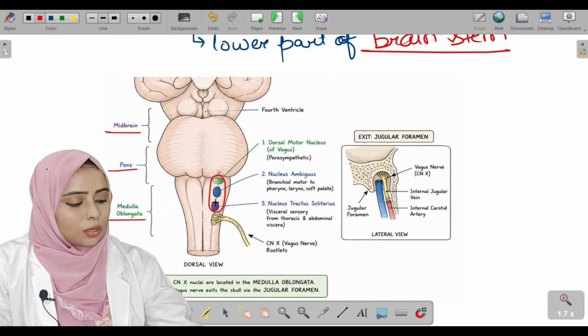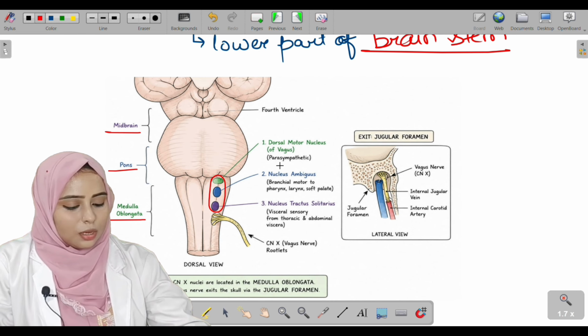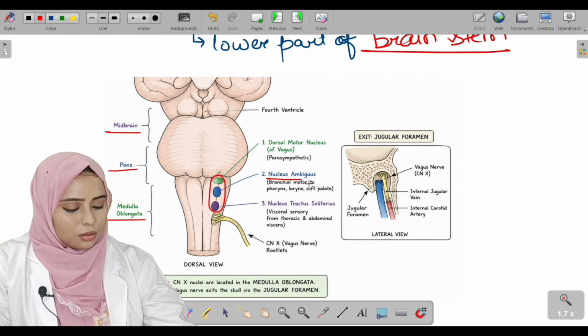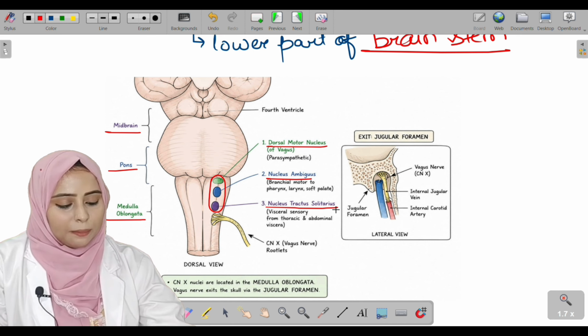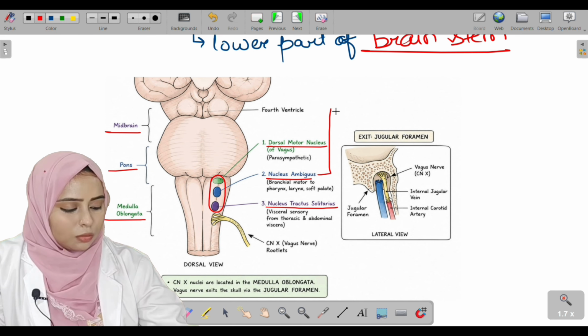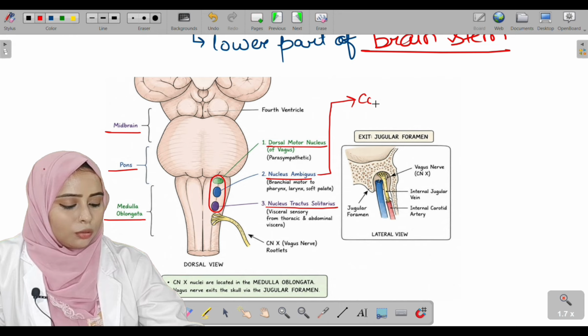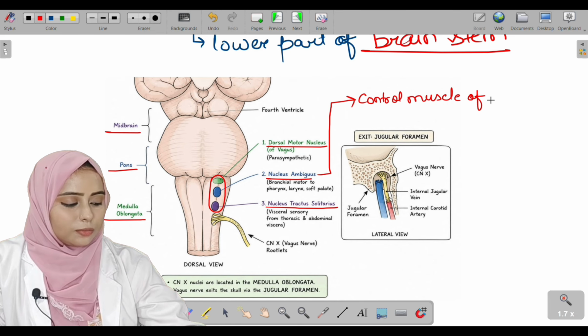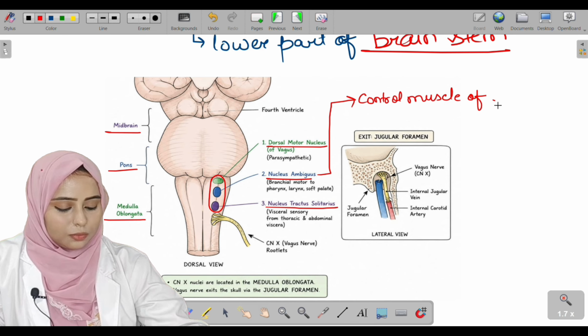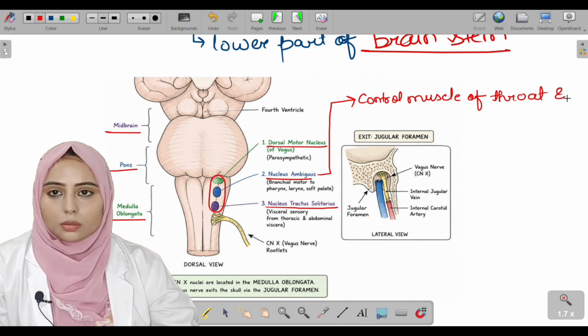From the medulla oblongata, cranial nerve 10, the vagus nerve, originates from three nuclei: nucleus ambiguus, dorsal motor nucleus, and nucleus tractus solitarius. Nucleus ambiguus controls muscles of the throat and voice box. This is for motor.